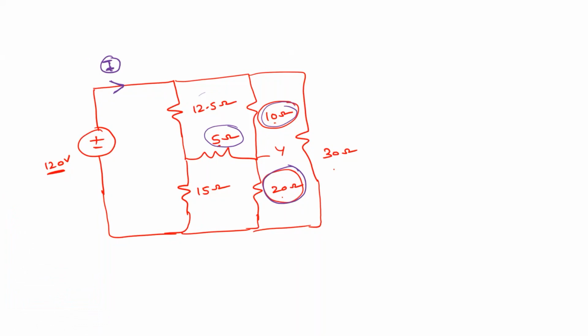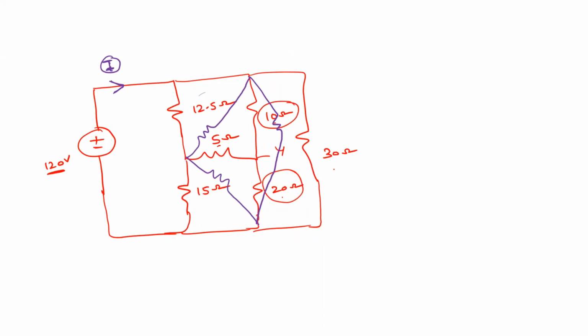If you convert this into its equivalent delta network, it will be something like this. This is one element, another element, and the third element. So this is its equivalent delta, agree?